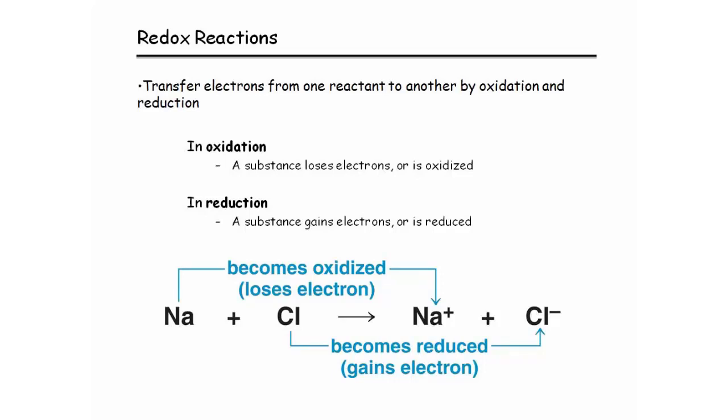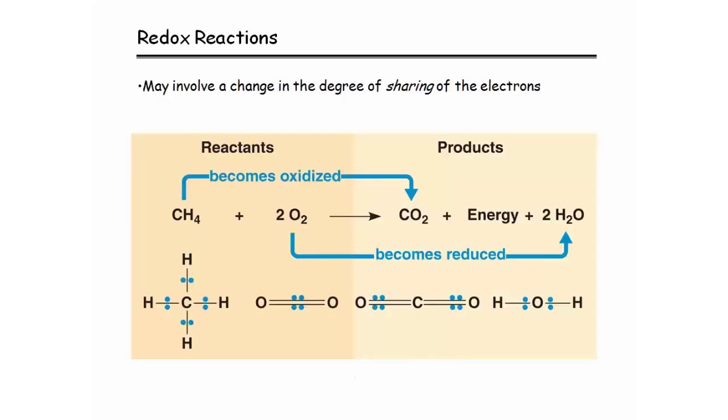Now in this example, we see an electron being completely lost or transferred from one substance to another. Redox reactions may also involve a change in the degree of sharing of the electrons. If we look at this slide here, we see that we've got methane, which is a carbon surrounded by 4 hydrogens, and all 4 of those covalent bonds are going to be nonpolar covalent bonds.